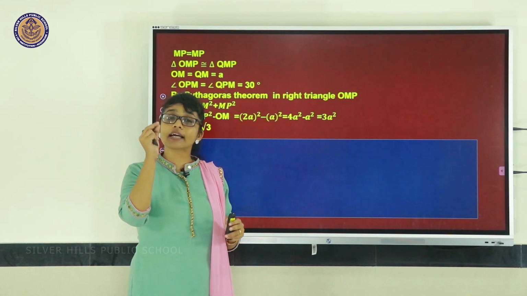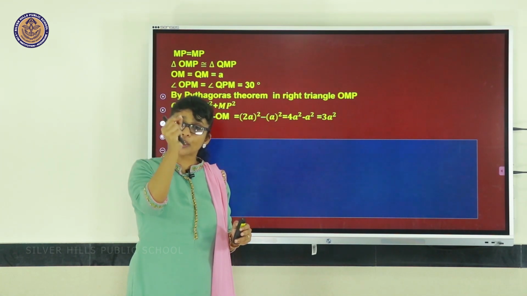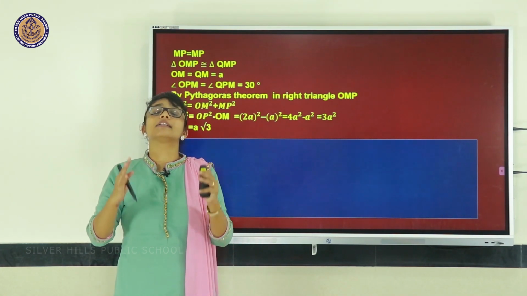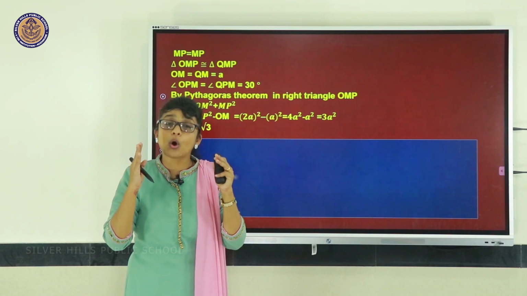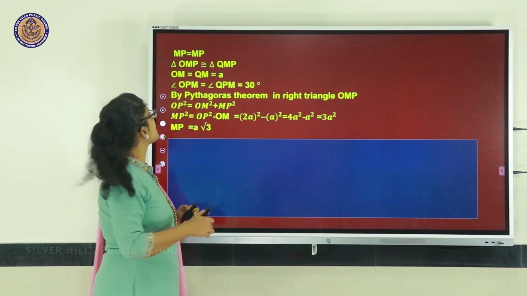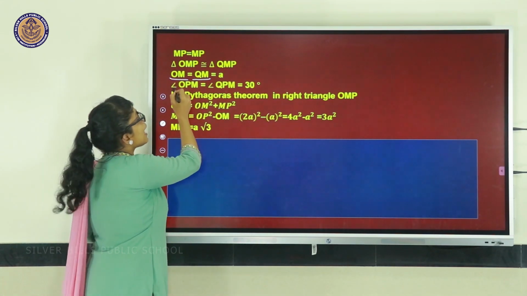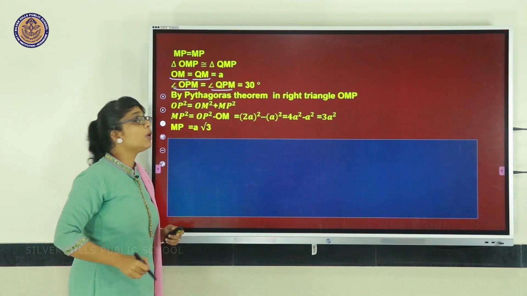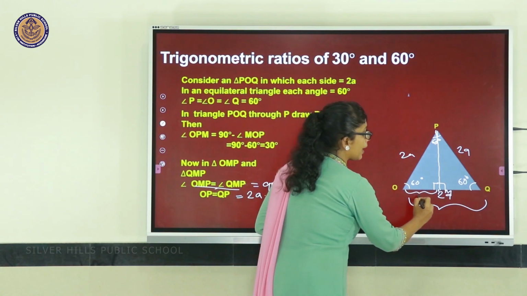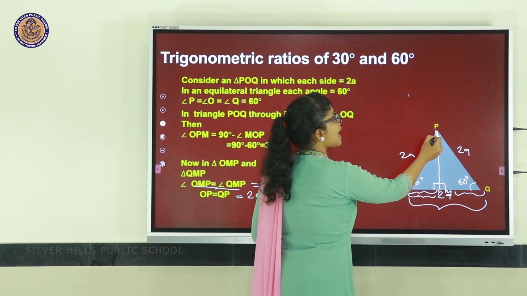How? In right triangles, if the hypotenuse and one side of the triangles are equal, then the two triangles are congruent. If the two triangles are congruent, then by CPCT we can say that OM equal to QM and angle OPM equal to angle QPM.